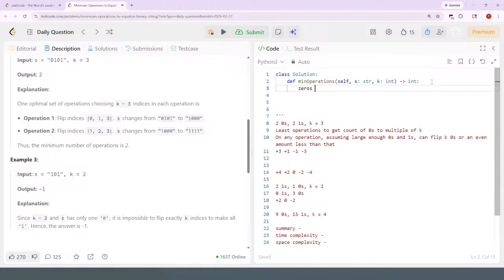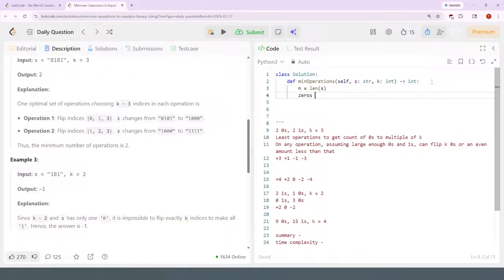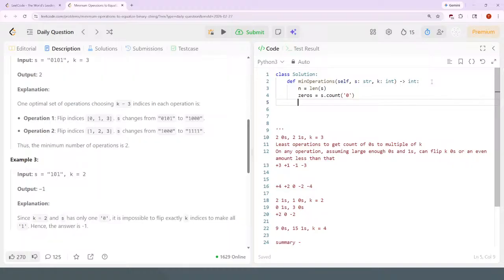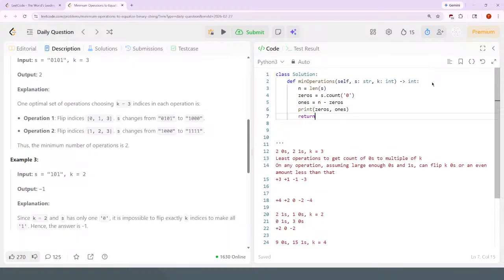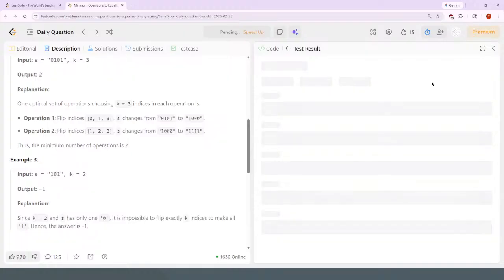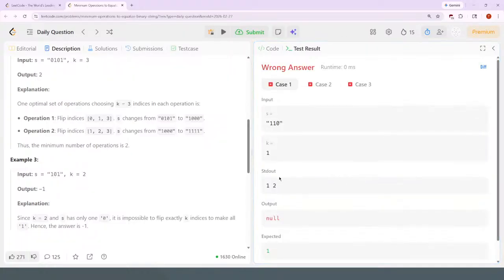Okay, let's say n is the length of the string. Let's say zeros equals s.count of zeros. Ones is n minus the zeros. Let's go ahead and print that out, make sure I'm doing this correctly. Okay, there's 1 zero, 2 ones.